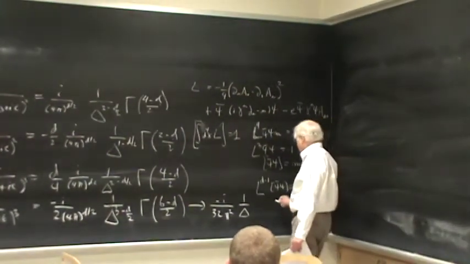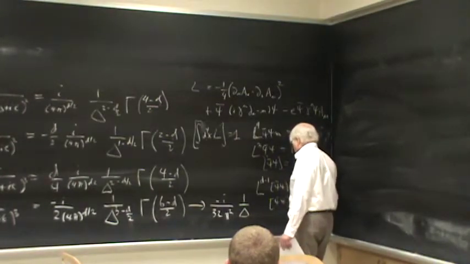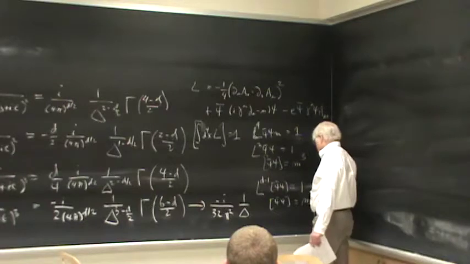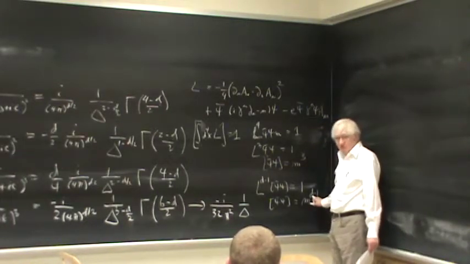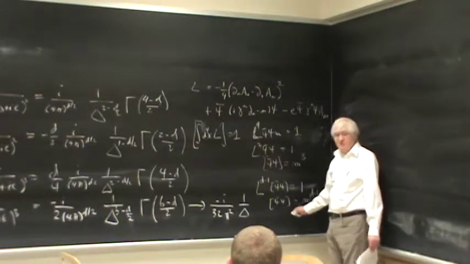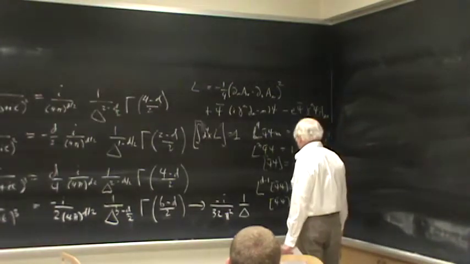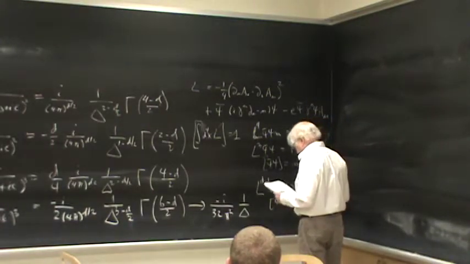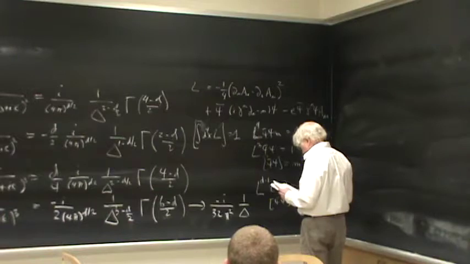So that means that the dimension of ψ̄ψ is, let us say, mass to the d − 1. So setting d equal to 4, we get mass cubed, which is fine, but we get this peculiar dimension if we're in 4 dimensions.